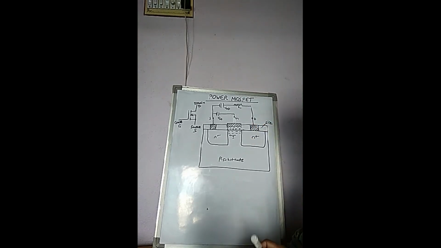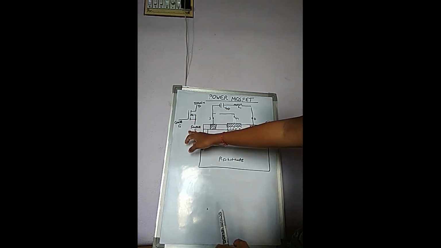See what happens. What is the operation of this structural diagram? When the gate circuit is open, that means initially let us assume that there is no gate source voltage. We are not applying any kind of voltage between gate and source.